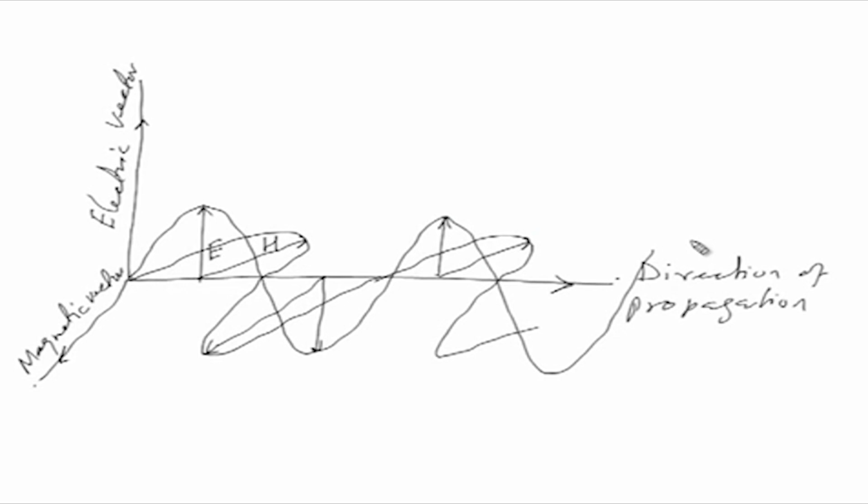They are perpendicular to each other and to the direction of propagation. So, that is a typical electromagnetic wave, which has two components perpendicular to each other, one the electric component or electric vector, another the magnetic component, and both are perpendicular to the direction of propagation.